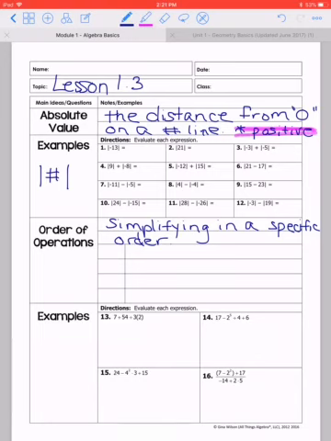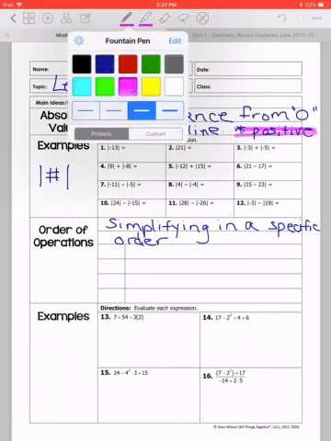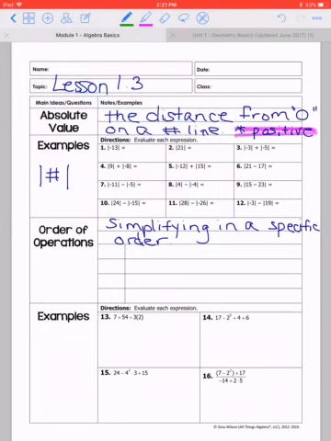If we try a couple of examples here, okay, let's do a different color. Let's try green. So if we're evaluating, number 1 is the absolute value of -13. So think about a number line, okay? I'm going to actually draw one up top here just for a minute. So when you have a number line, we're going to put 0 here in the middle.